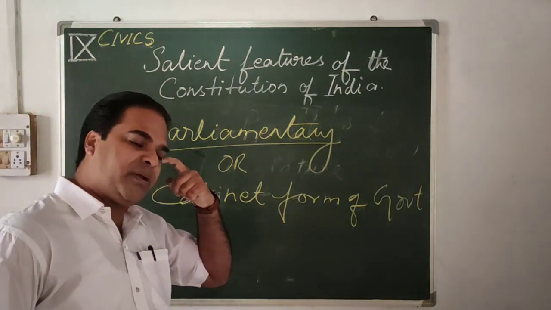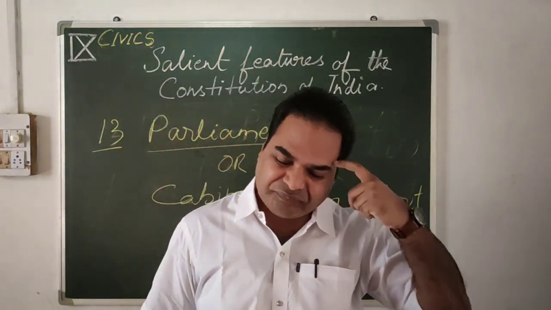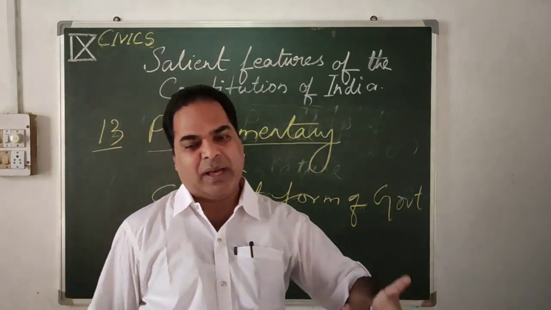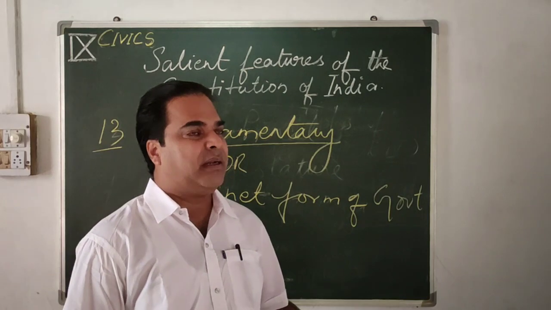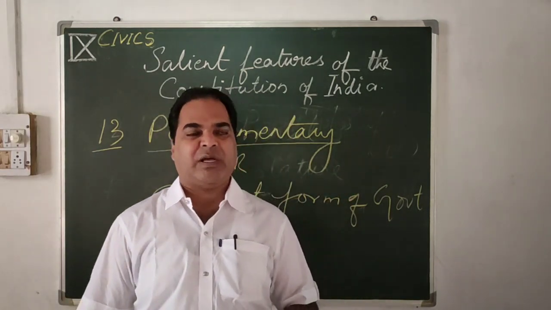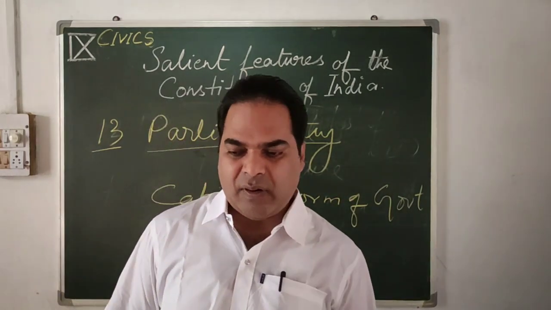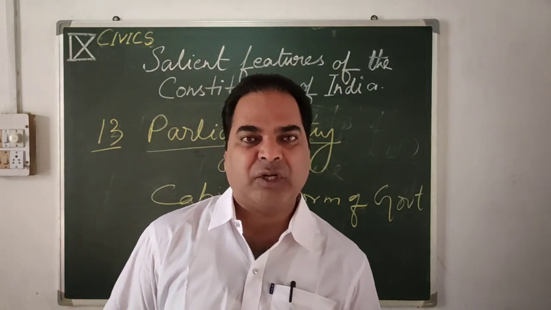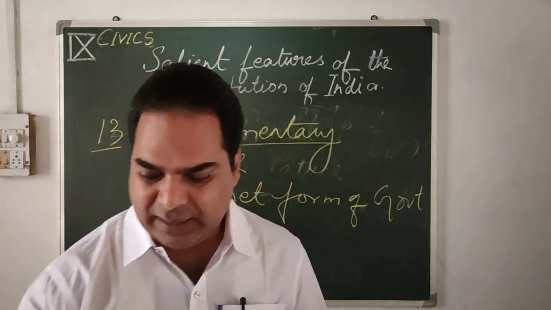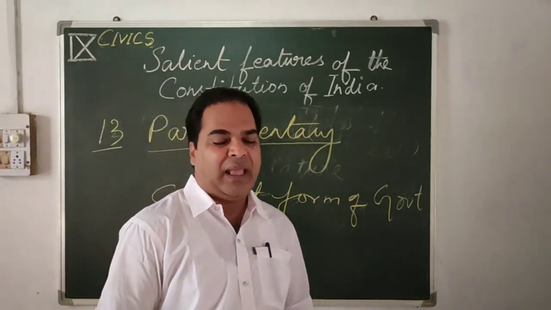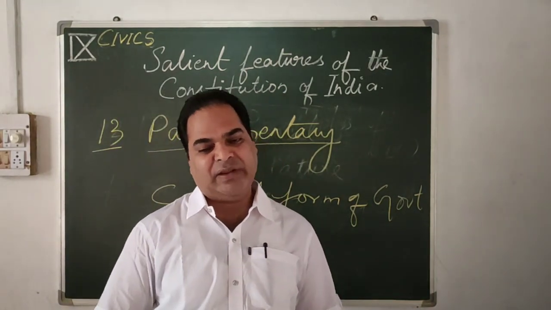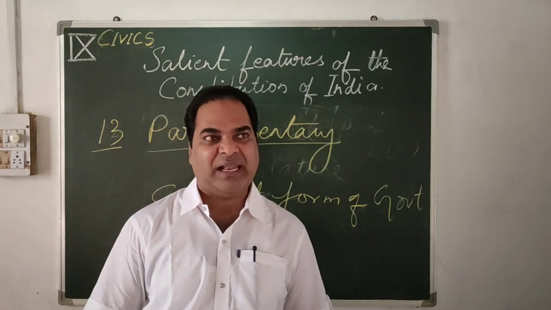So in a parliamentary form of government, we have Lok Sabha, Rajya Sabha, the President as the 3 constituents of the Parliament, and Prime Minister and the Council of Ministers. They are the real head of our country, and the President is the nominal head of our country, and all the government is formed in Lok Sabha, and elections are conducted after 5 years, which is known as general election.